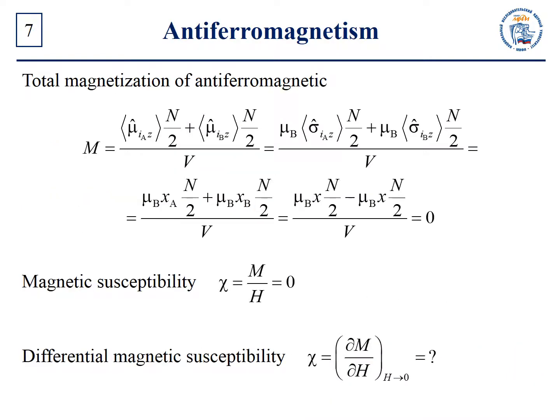Since XB is equal to minus X at T equal to Tn, spontaneous magnetization occurs in every sublattice, but atomic magnetic moments in these sublattices are oppositely directed. Total magnetic moments of A and B sublattices are equal in magnitude and opposite in direction. That is why the total magnetization is equal to 0, but the differential magnetic susceptibility may not equal 0, in contrast to the traditional one.